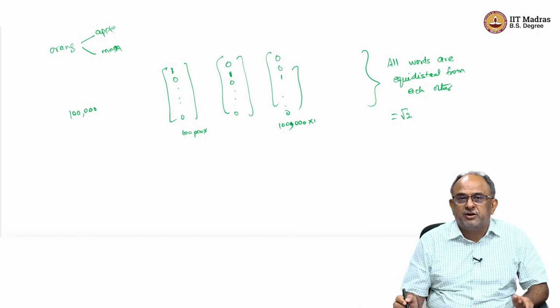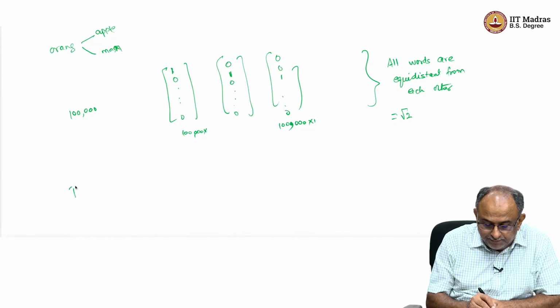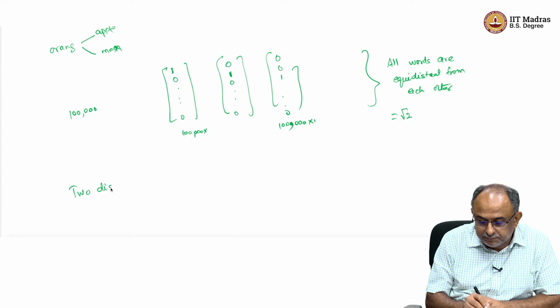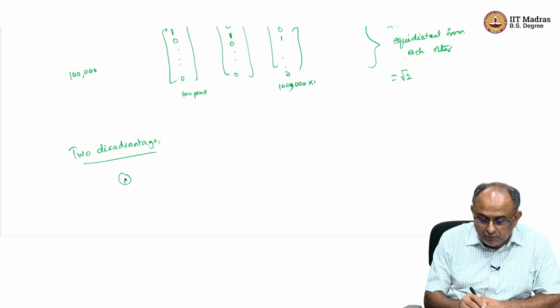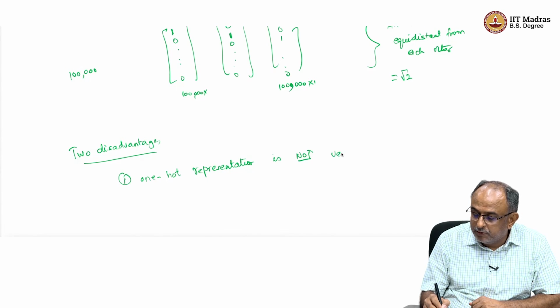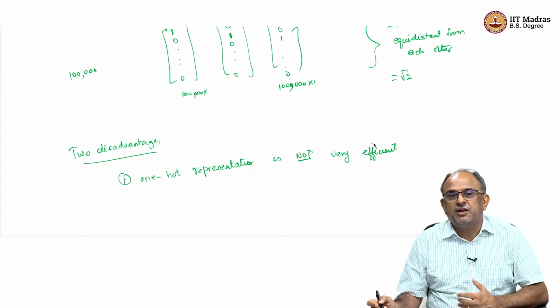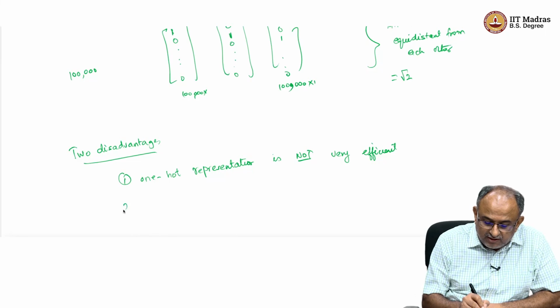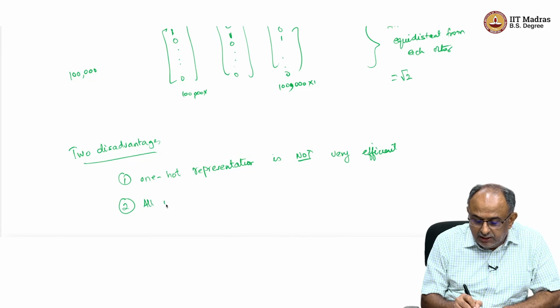So there are two disadvantages that we see. There are lots of zeros unnecessarily that we are going to carry, and second, all words are equidistant.